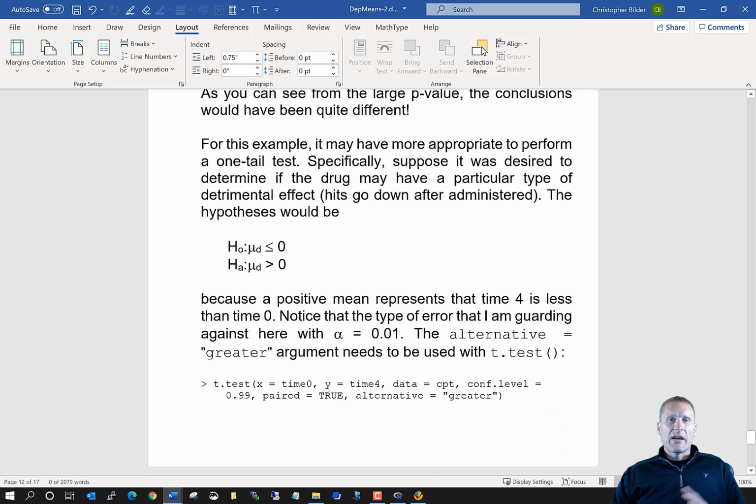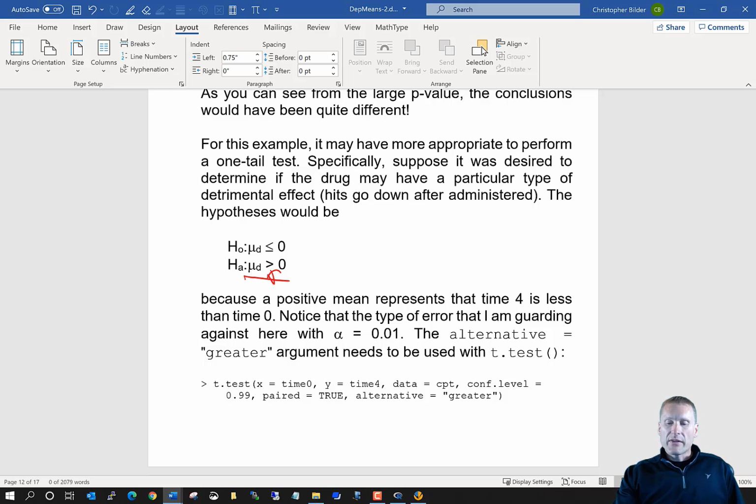What about a one-tail test? In this case, most likely, because of how pharmaceutical drugs tend to affect people, a research hypothesis could be that I hypothesize that one will be less alert on average after they take the drug. So I would look for mu d greater than or equal to 0.